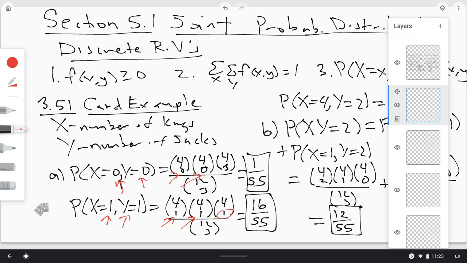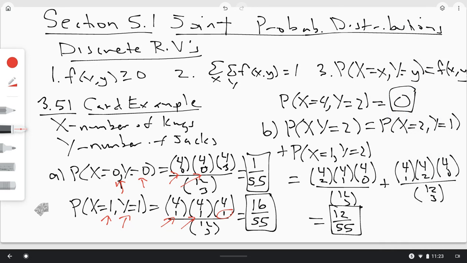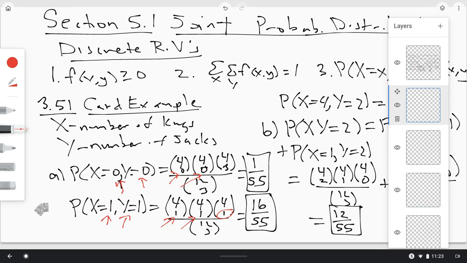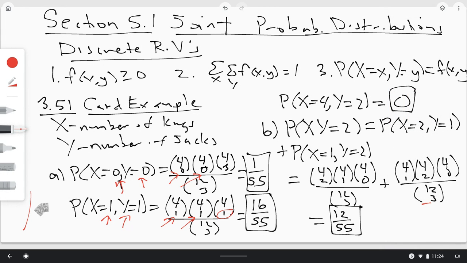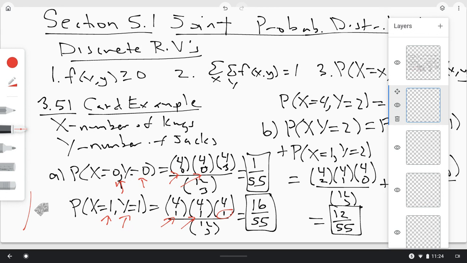So if I go to the next one, okay, I'm going to click on it. You go to the next one. I'm trying to get to the next layer. I thought I knew how to do it.